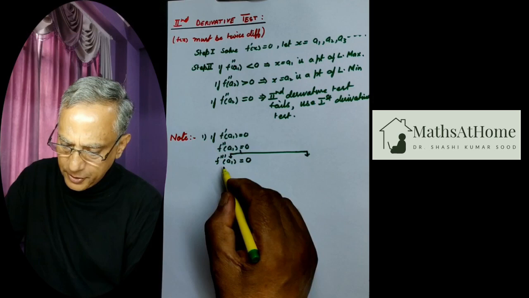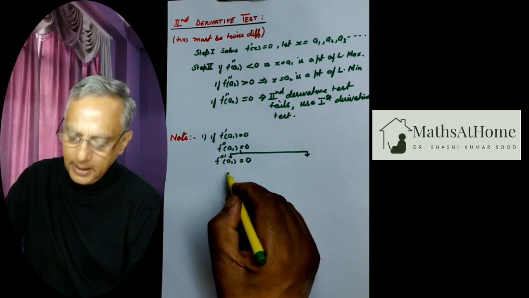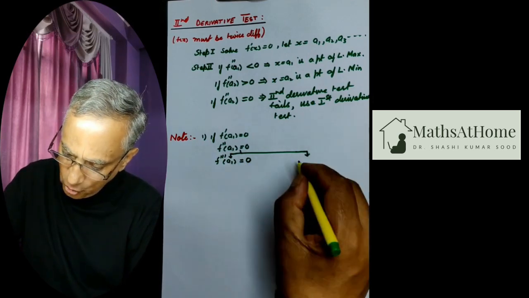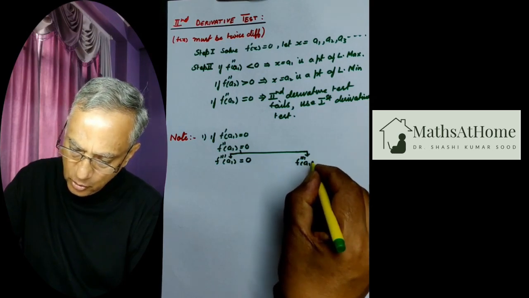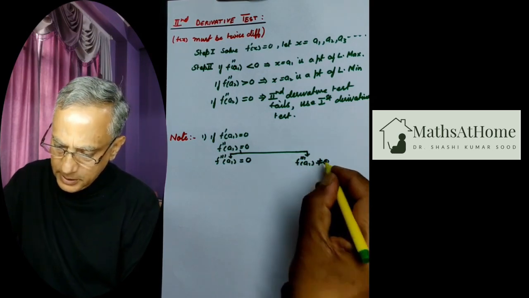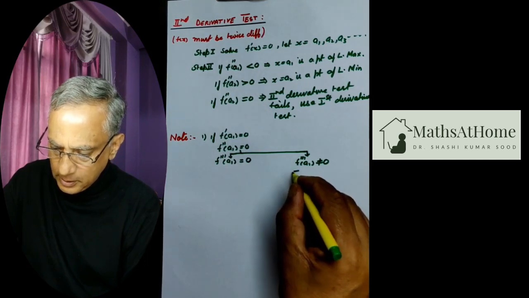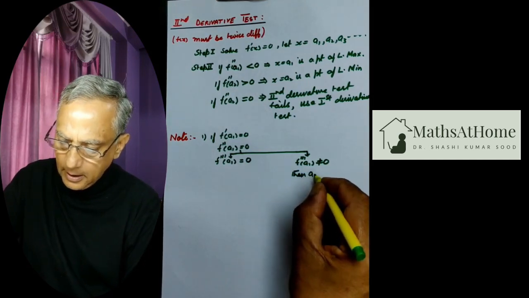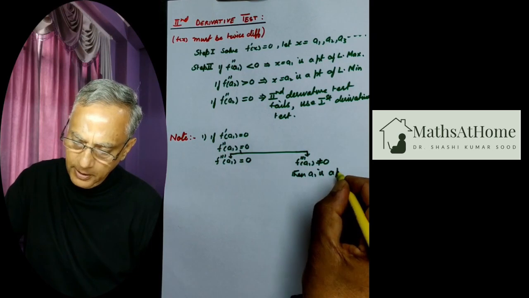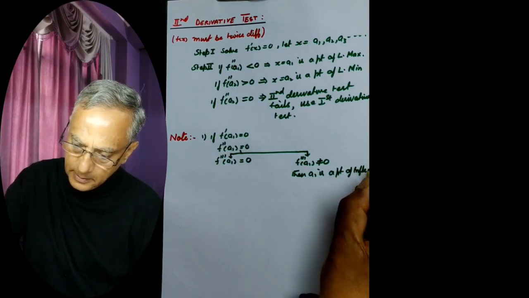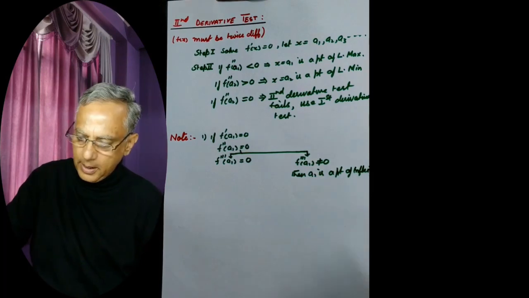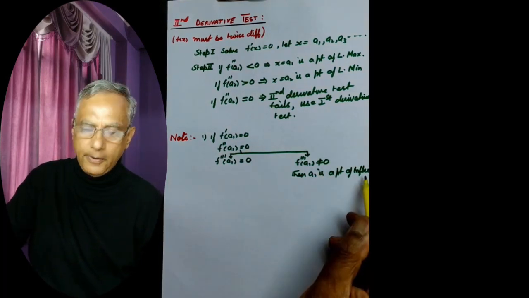If the third derivative is non-zero, we will say a1 is a point of inflection.